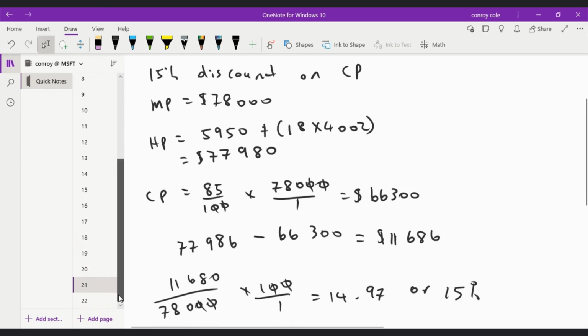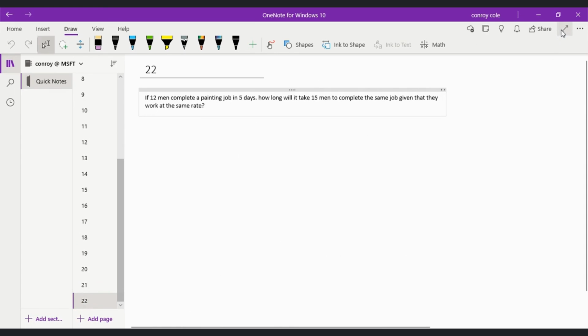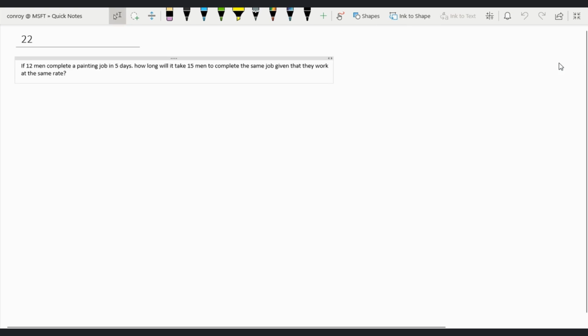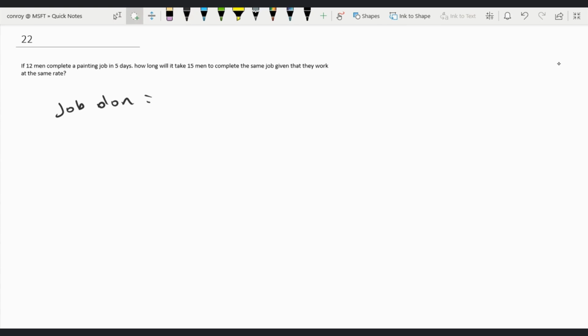Our next question now asks us, it says, if 12 men completed a painting job in 5 days, how long will it take 15 men to complete the same job given that they work at the same rate? For this formula, we will use the concept of job done equal to number of workers times the time taken, right?